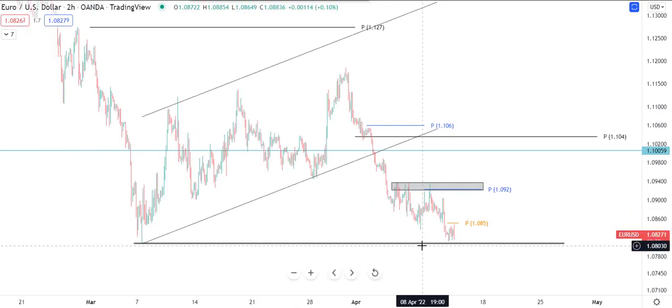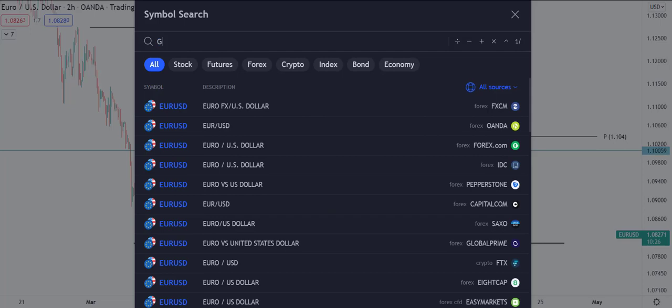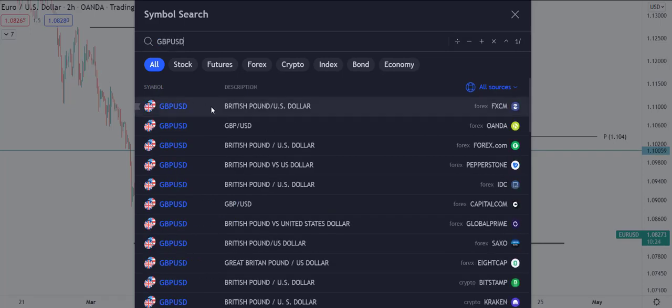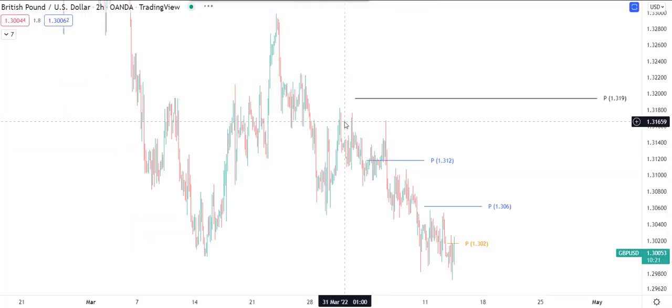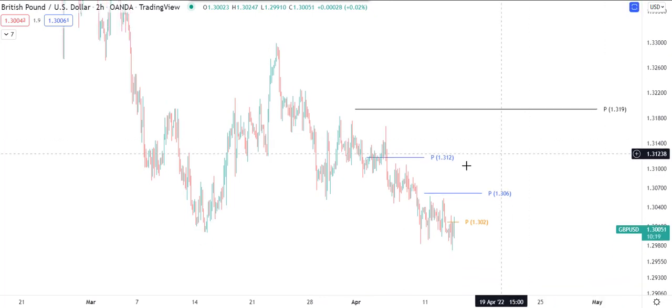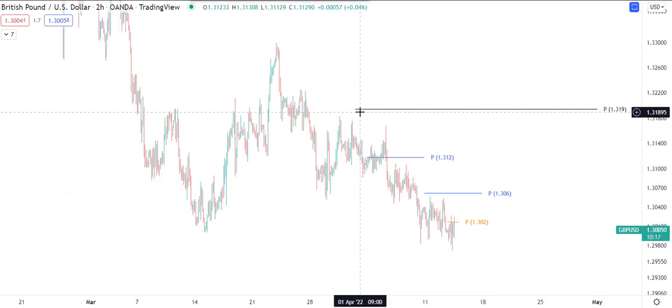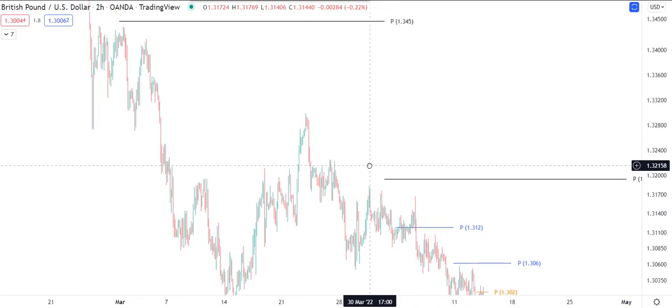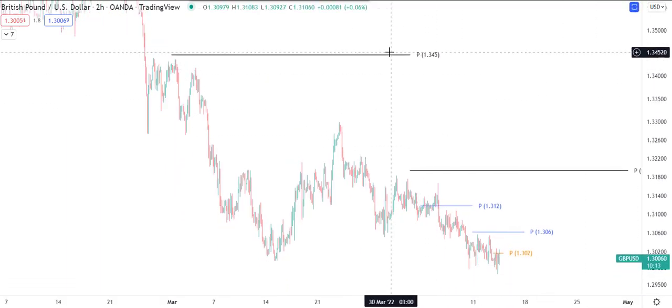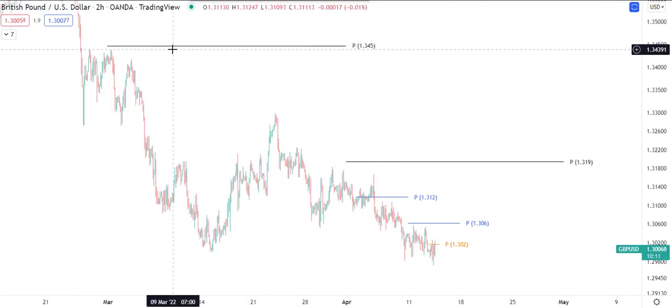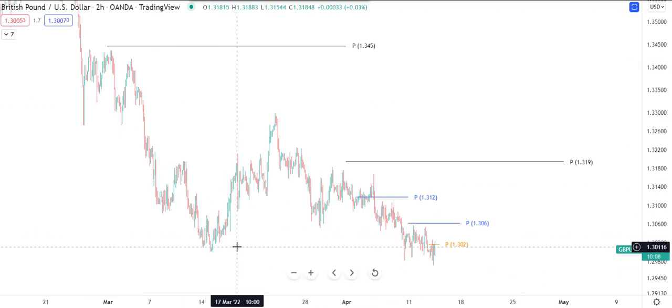That's the picture in dollar, euro dollar. Let's take a look at pound dollar, which is similar to euro dollar. Beginning of month, April 1st, we opened up. Where is March? Okay, so this is March pivot point, clearly a downtrend.